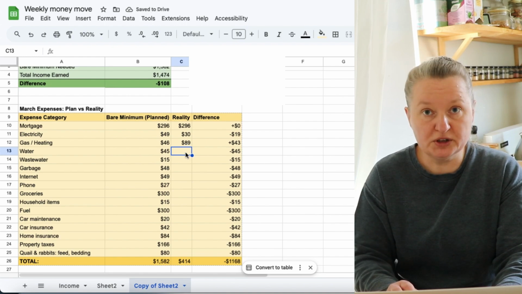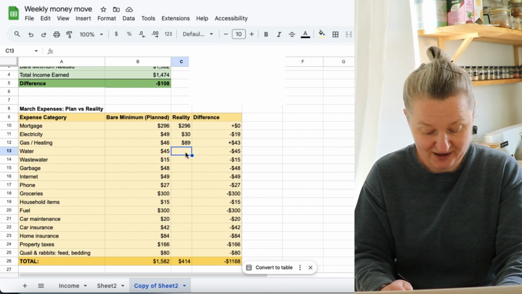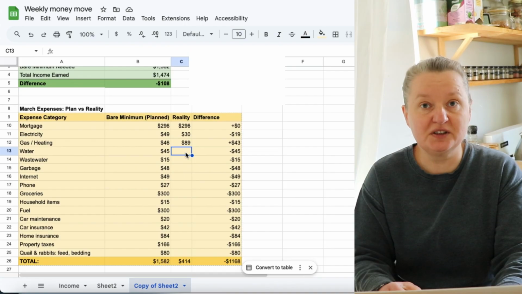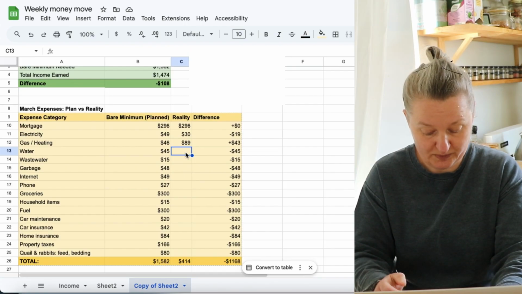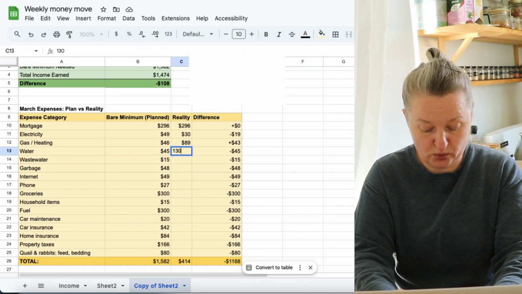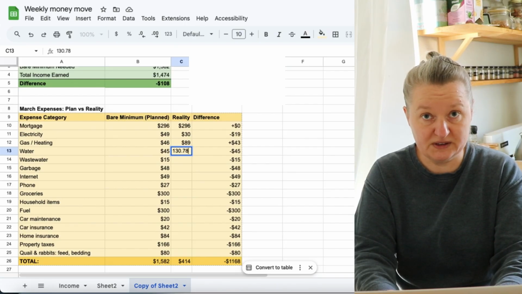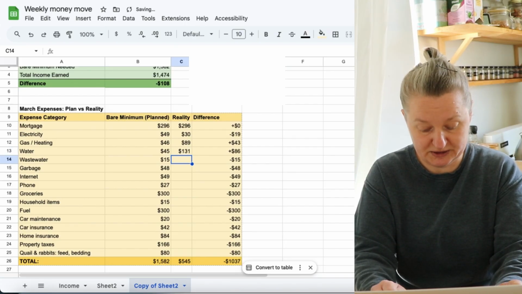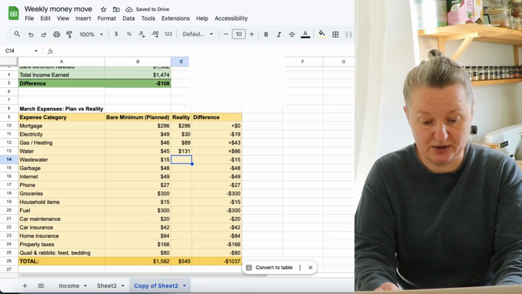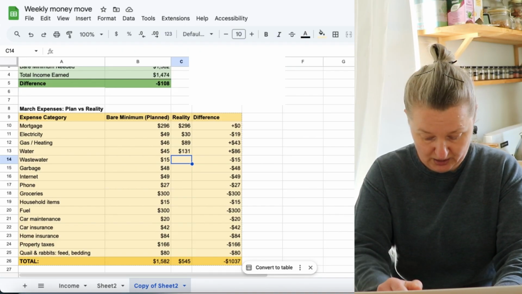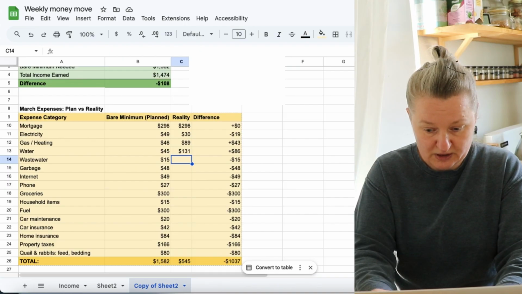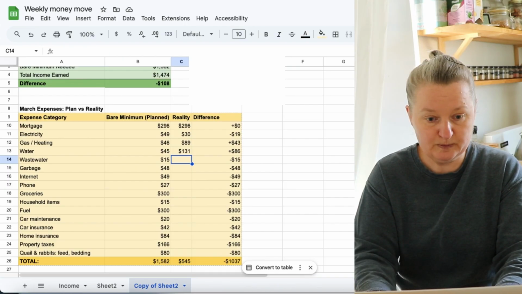Water, I'm paying quarterly, and that month I was hit with the bill. The bill was $130, and I also spent 78 cents on the stamp to mail it, because it's old school style, every time I have to sign the check. So $130.78.